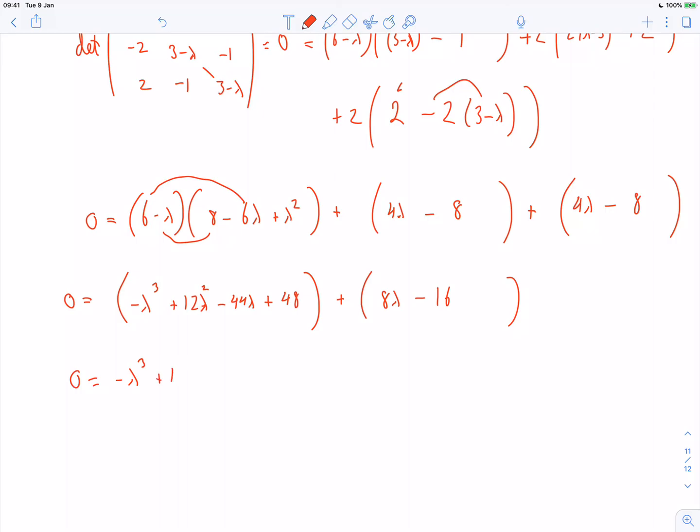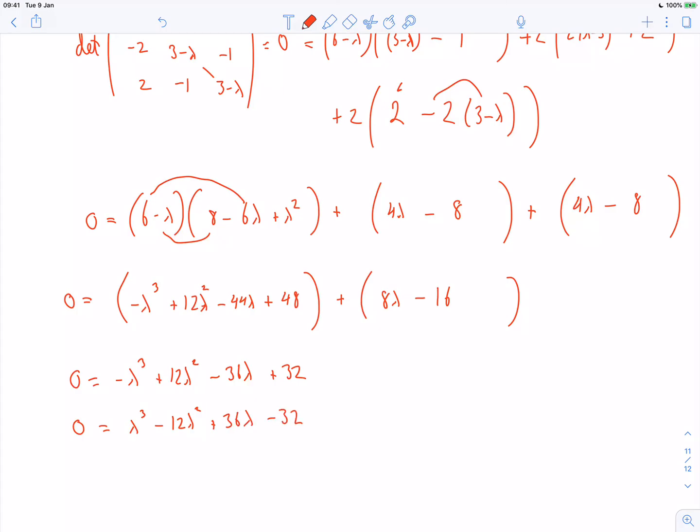Yeah, so that's plus 12 lambda squared. I've got minus 44 lambda, but then I'm adding 8 lambda, so that's going to give minus 36 lambda. And then I've got 48 minus 16, which I believe is 32. And if I times everything by minus 1, I get 0 equals lambda cubed minus 12 lambda squared plus 36 lambda minus 32.